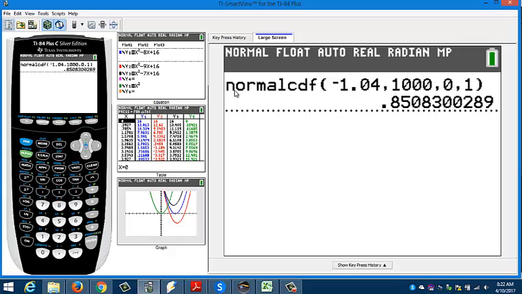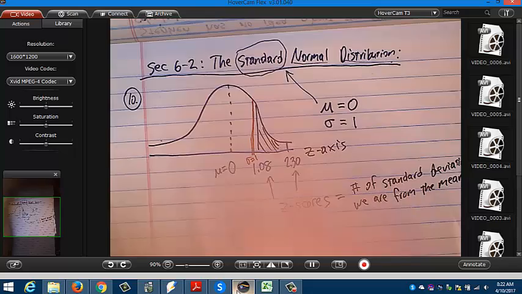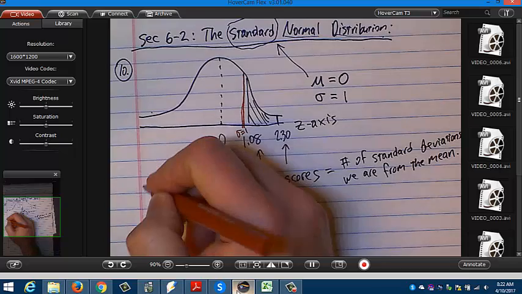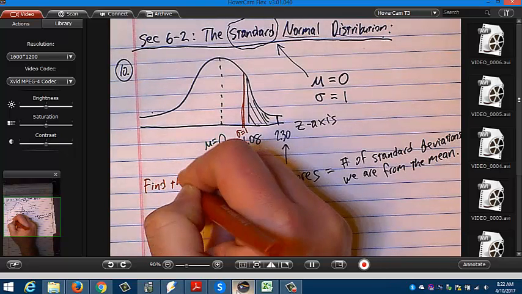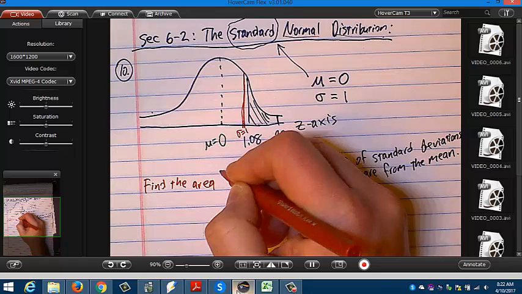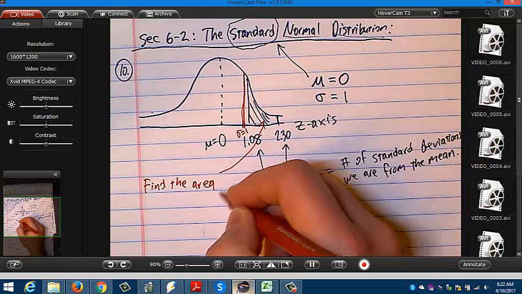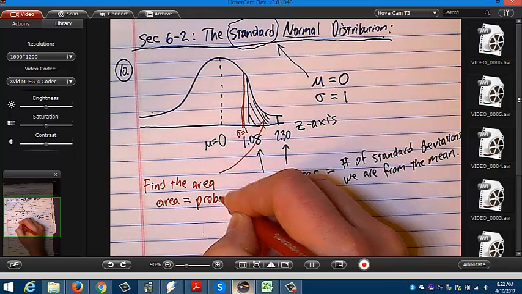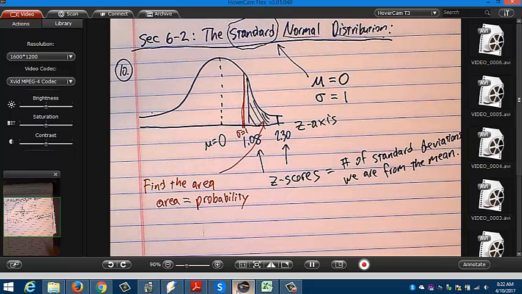The command I want is normal CDF. What does the C stand for? Cumulative, because you're adding up lots of different possibilities. I'll tell you what I'm really computing here. Remember I said find the area? When I said find the area of this, we understand that that area is equal to probability. We're really finding probability.